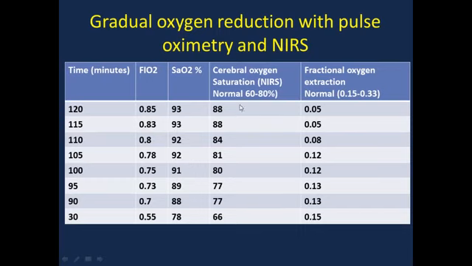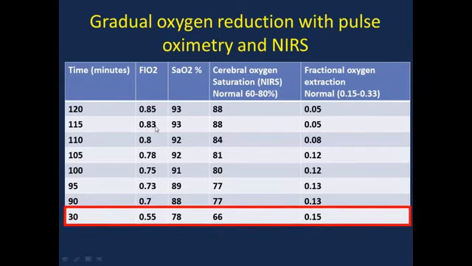At the same time, the brain oxygen improved from the hyperoxia side to an acceptable level with improvement of fractional oxygen extraction. So the brain started to extract more oxygen, because we assume that the oxygen causes vasoconstriction and reduces the extraction of the brain.